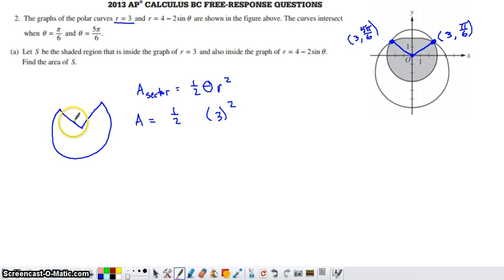So when we start here and we go around the circle to this point, how many radians are traced out there? Well, if we're starting at this line segment here, this angle on the circle is given by 5 pi by 6, right? Straight from the intersection of those polar curves. So we start at 5 pi by 6, and we go around the circle.